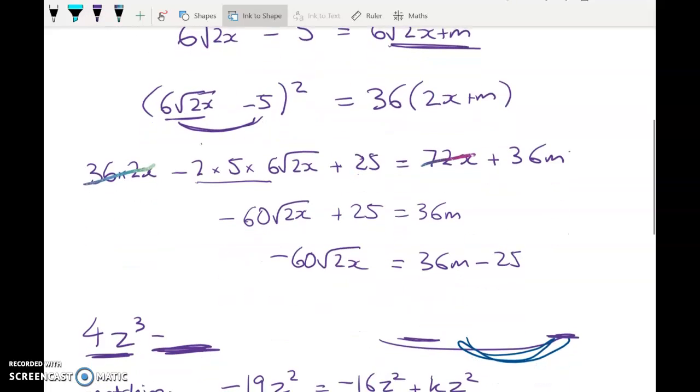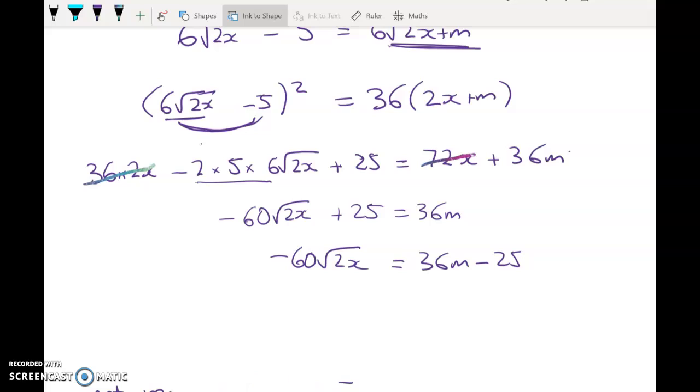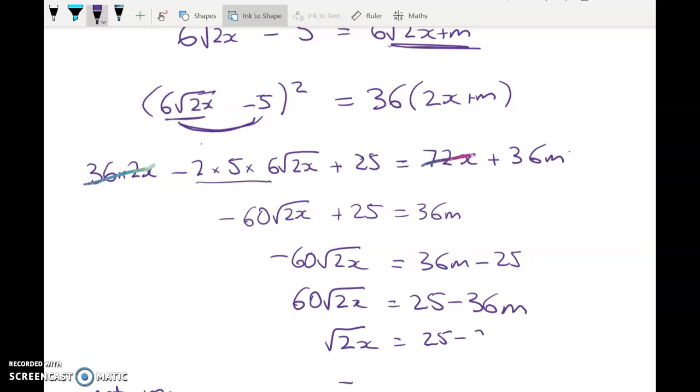I don't know why I did it that way, but I did. Let's just wash everything through by negative 1. So 60 root 2x is 25 minus 36m. Root 2x is equal to 25 minus 36m, all divided by 60.